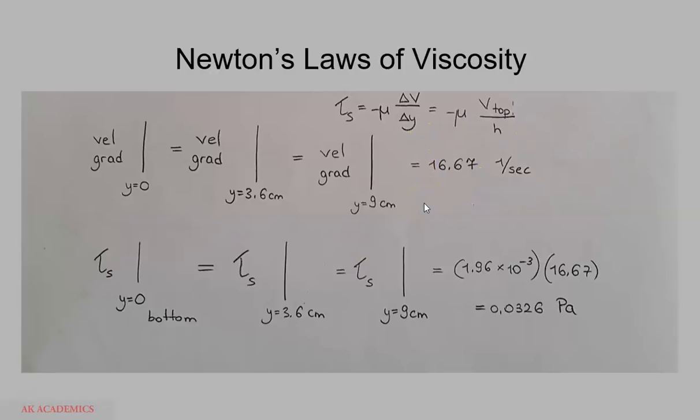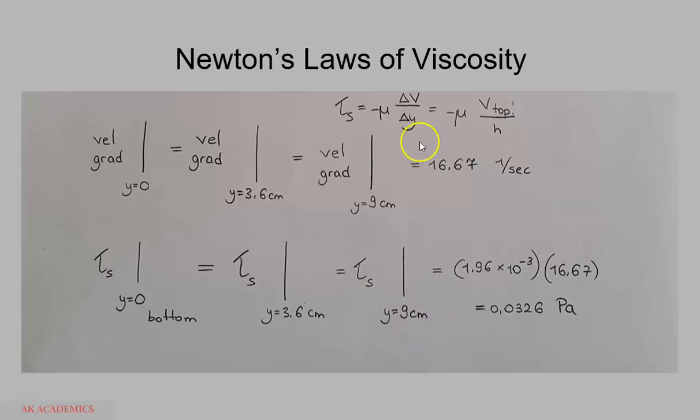We can then go ahead and find the shear stress at those various heights. If the velocity gradient V top over H is the same and the viscosity of the fluid remains the same, it simply means that at all those heights the shear stress would also be the same. So the shear stress at y equal to 0 at the bottom, where we have the fixed plate, will be equal to the shear stress when y is equal to 3.6 centimeters, and that will be equal to the shear stress when y is equal to 9 centimeters.